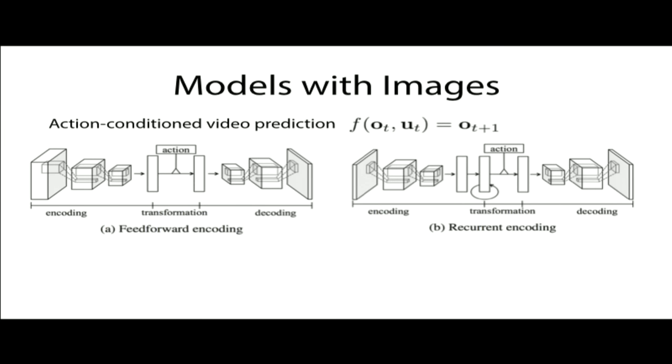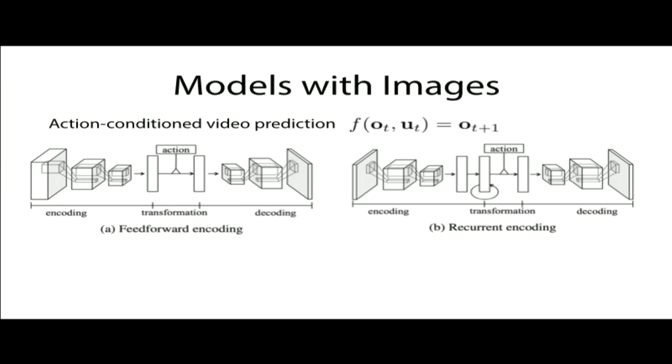It does have some sort of low-dimensional space, but it's not used for planning or for control. They concatenate the action to the lower dimensional state, and then decode that state back to the next frame. So this is mapping from the past K frames and the current action to the next frame through a feed-forward neural network.